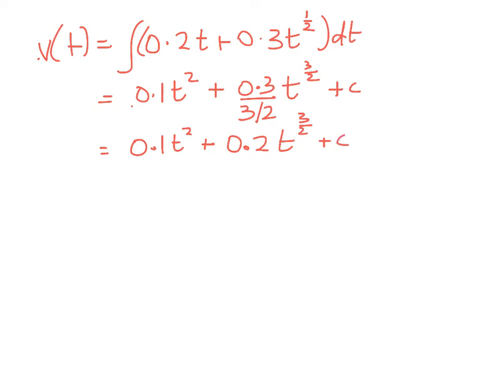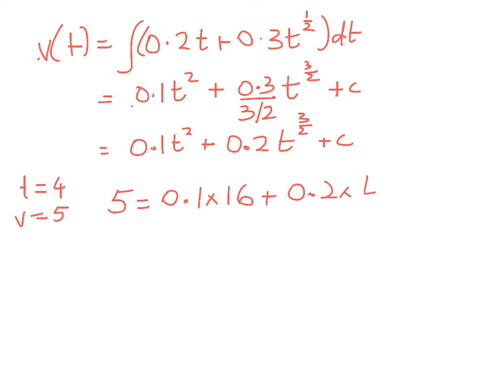Now what do we know here that we can substitute in? Well, when t is 4, v is equal to 5. So 5 is equal to 0.1 times 4 squared, 16, plus 0.2 times 4 to the power of 3 over 2 plus c.